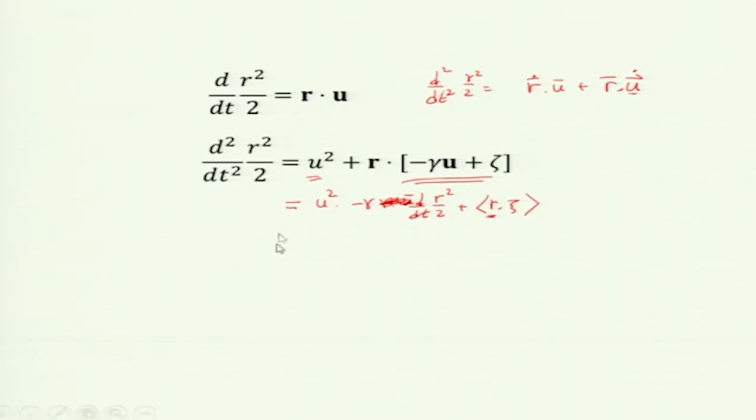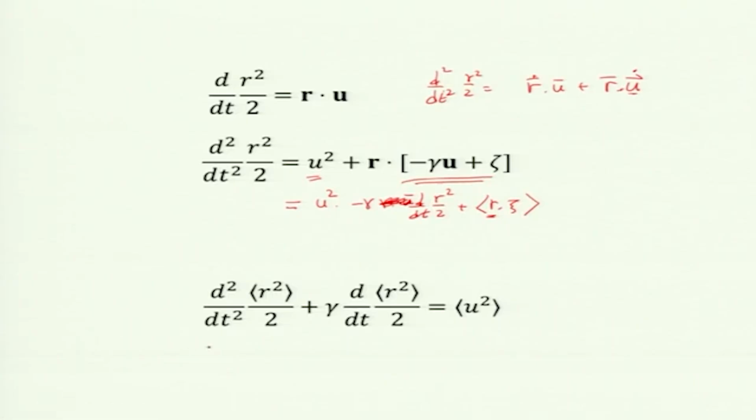So, the right hand side has only 2 terms, not 3, and this is the first term here, and the second term is here, and u squared I take to the left hand side. Well, it is already in the right hand side, but I am taking this to the left hand side. So, this will give us how r squared changes with time.